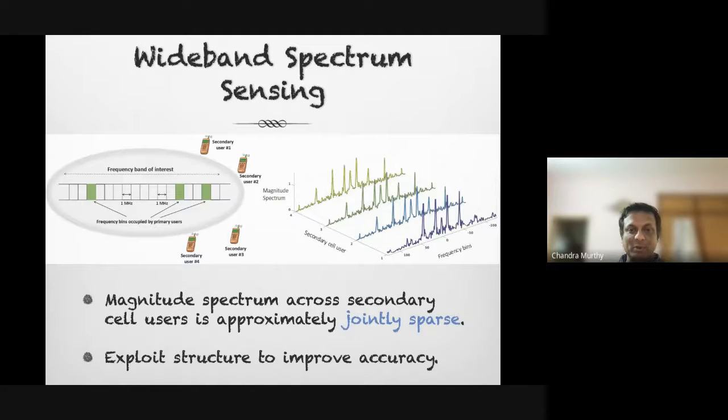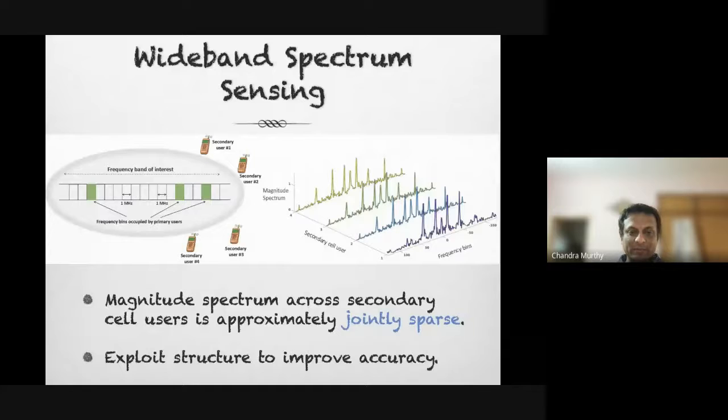Again, this is a problem of support recovery. You don't need to recover the actual signal transmitted by the primary user. If you can reduce the number of measurements, you can reduce the communication overhead and latency between the secondary users, or between the secondary users and a centralized controller, which is solving this multiple sparse Bayesian learning problem.